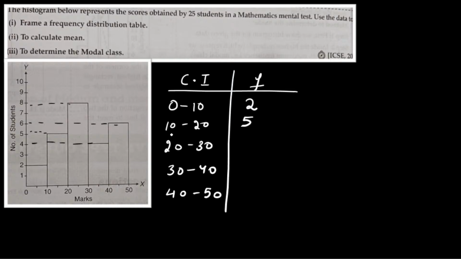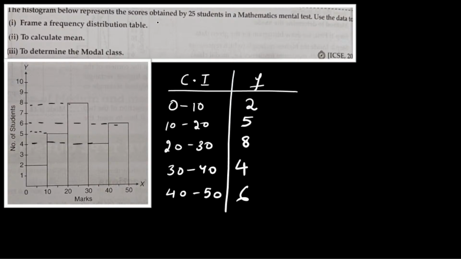Like that you can make out. So 10 to 20 is 5, then 20 to 30 is 8, then 30 to 40 is 4, and 40 to 50 is 6. So we have framed a frequency distribution table.